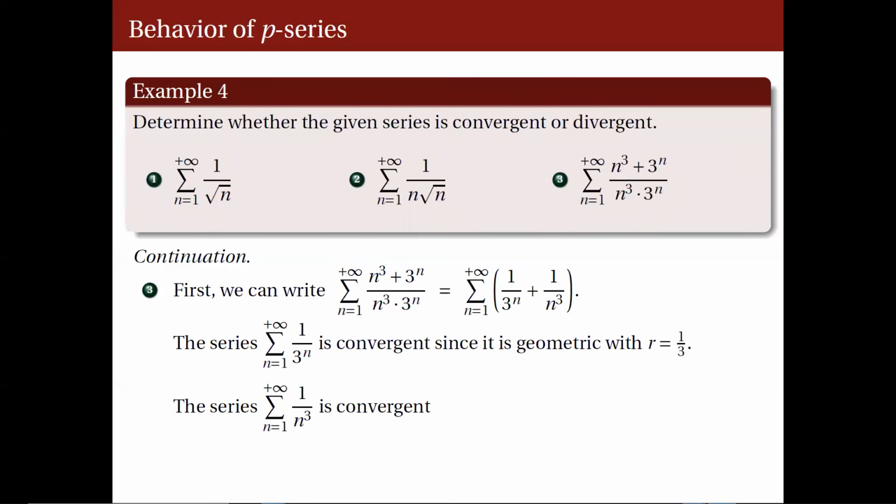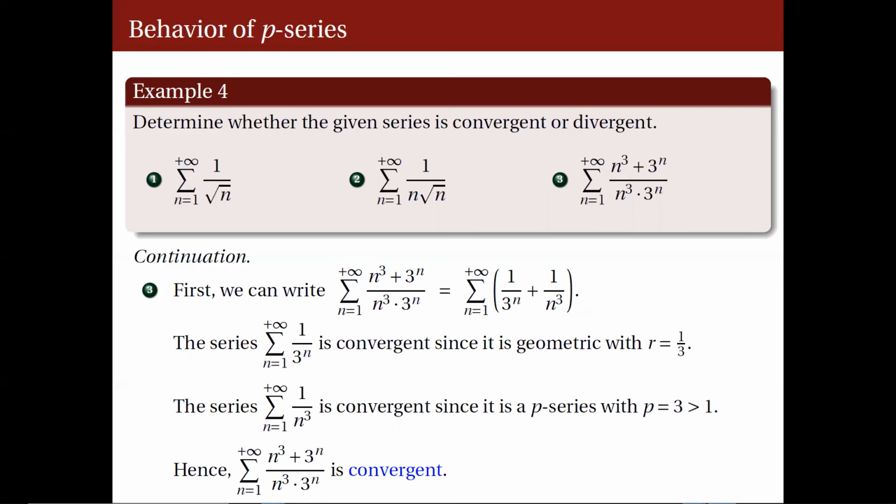Yung isa pang series ay isa namang P-series where P is equal to 3 which is greater than 1. Kaya ito rin ay convergent. Since the sum of two convergent series is convergent, then item number 3 is also convergent.